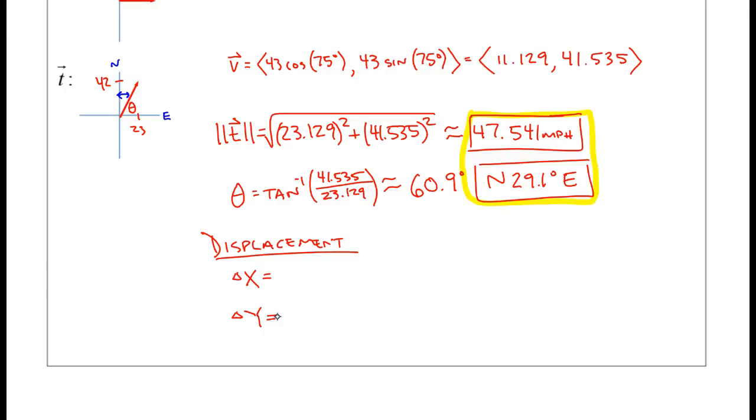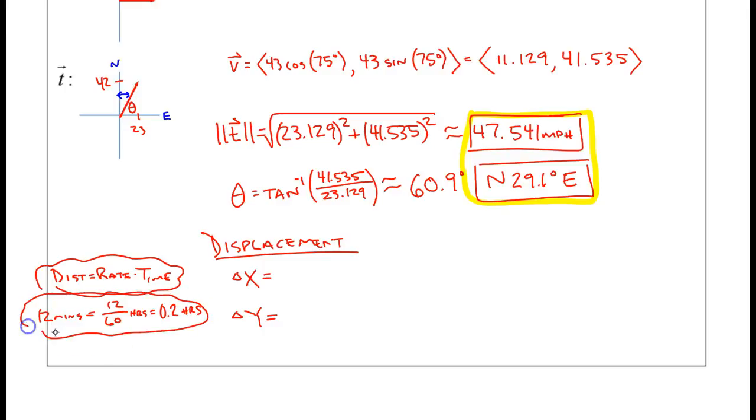And this is where we're going to borrow some of what we've learned in the past. Don't forget, distance equals rate times time. And it says after 12 minutes. Everything else is in miles per hour, so let's convert this 12 minutes to hours. That's 12 divided by 60 hours, which is 1/5 of an hour, or 0.2 hours.